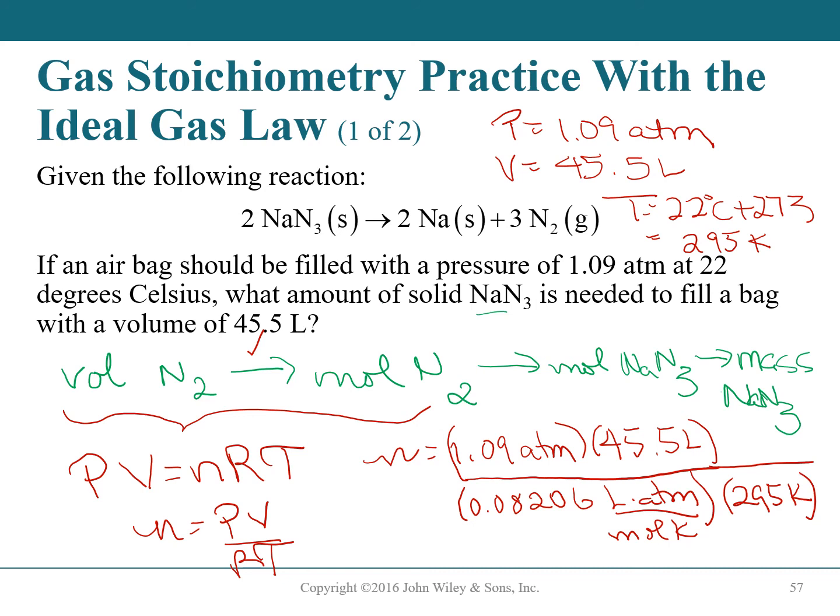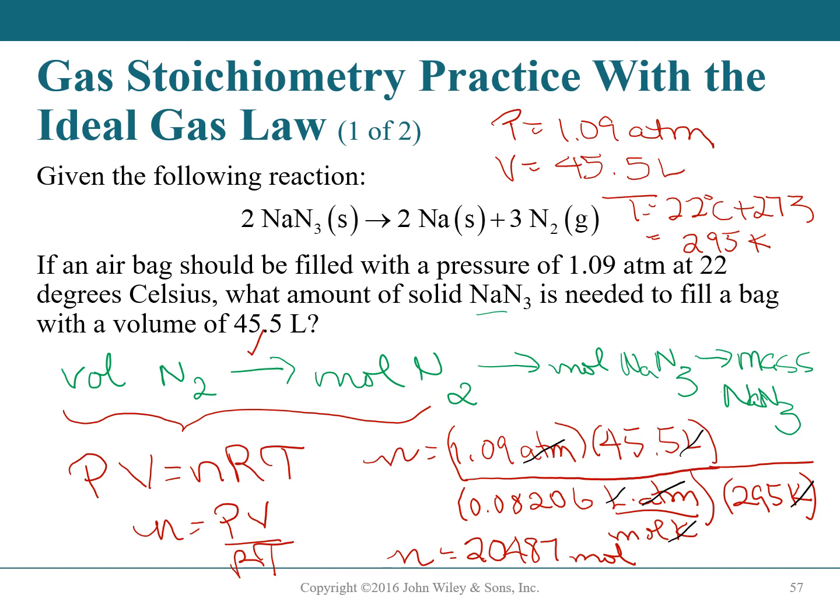Okay, so if we cancel out our units, that looks good. Liters cancel out, Kelvin cancel out, so we're going to get moles for our units. That's good. That's what we want. Okay, and it should be 3 significant figures. So 1.09 times 45.5 divided by 0.08206 divided by 295, and we get something like 2.0487.